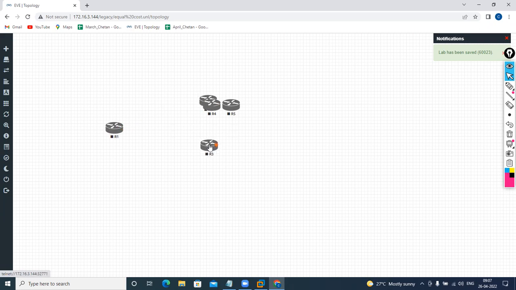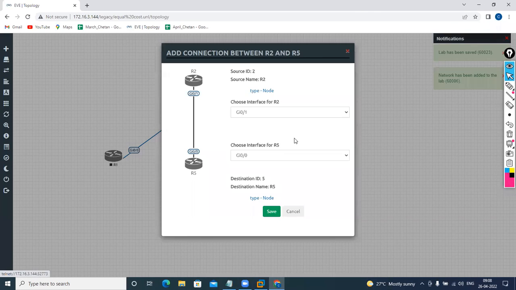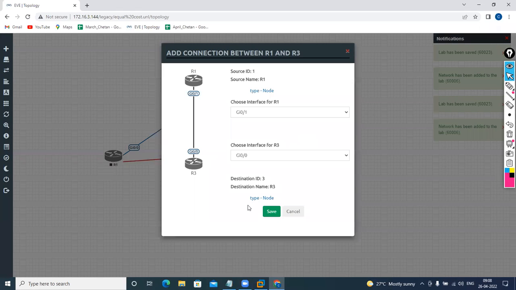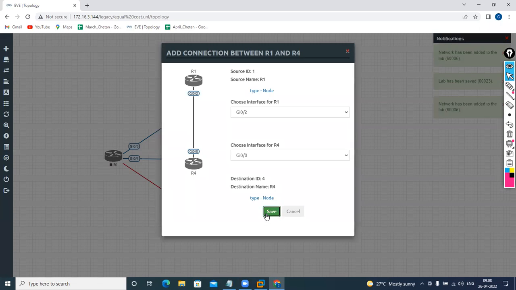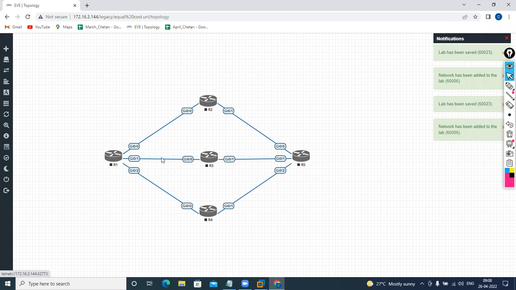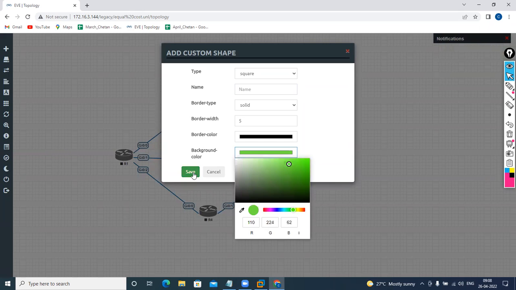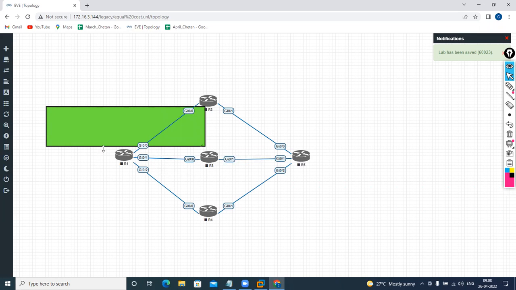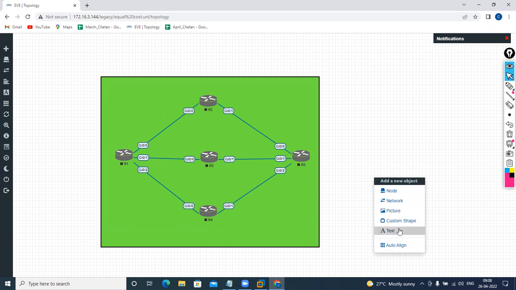R1, R2, R3 and R4, and we have R5. Let us consider the EIGRP ASN as 1.